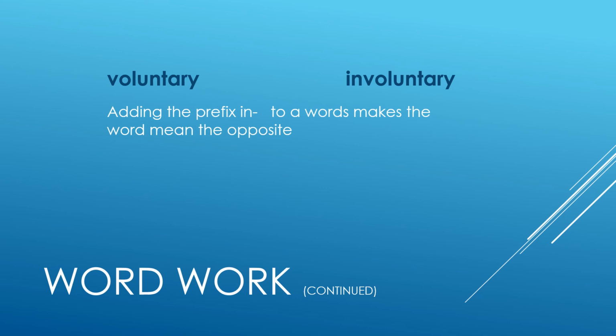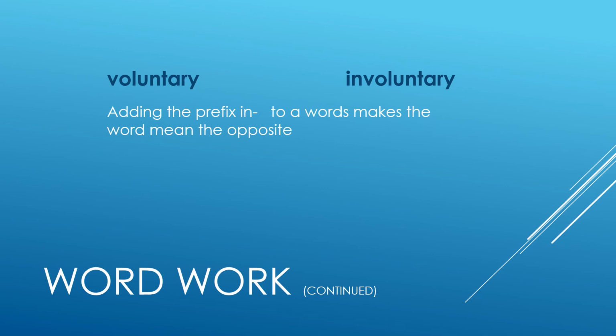Let's talk about these words voluntary and involuntary. The difference between these two words is the prefix in. And when we add that prefix in to a word, it makes that word mean the opposite. So voluntary means that you choose to move it. Involuntary muscles are the ones that you cannot choose to move.